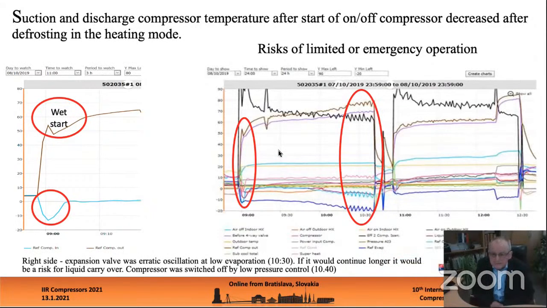Here is the next period of measuring, which started with only one compressor, and by the end the second compressor was switched on, and the evaporating temperature decreased immediately and the condensing temperature increased, and this operation was switched off again by the low pressure control.